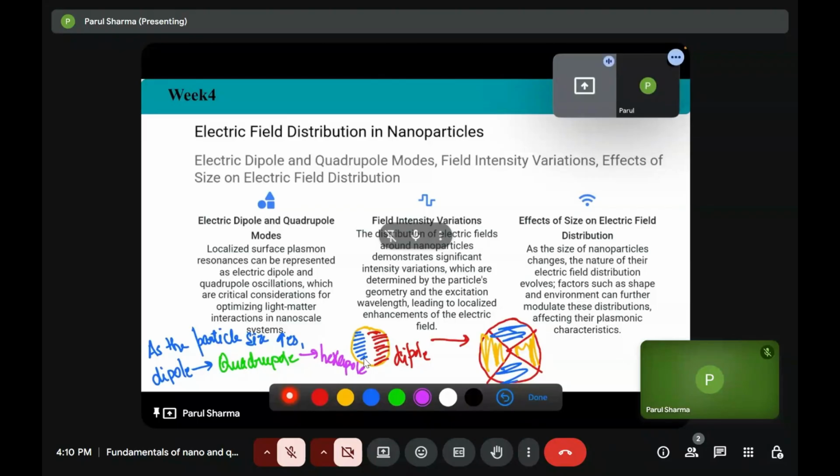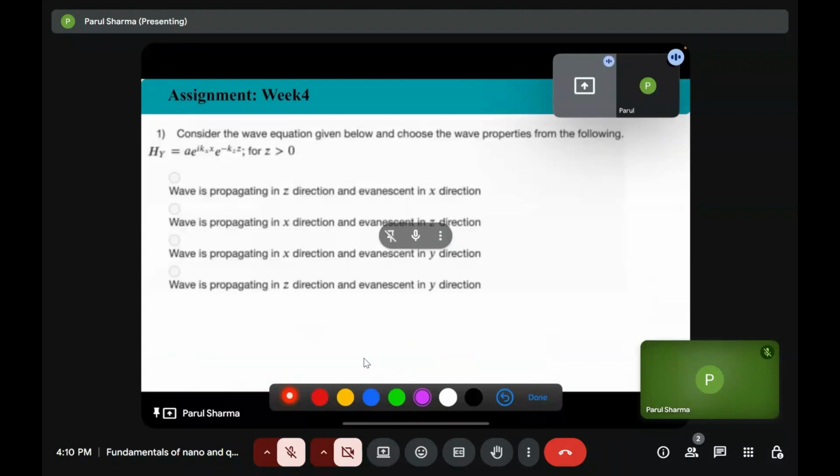So as the size of the particle changes, the nature of the electric field distribution evolves, and factors such as shape modulate this distribution. So that will eventually affect the plasmonic characteristics.